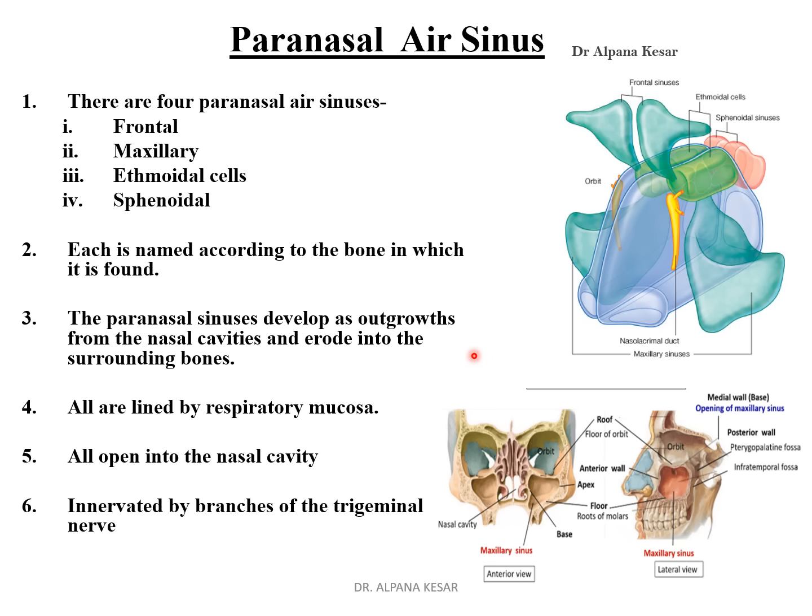However, as the small child grows into adolescence and then into an adult, the paranasal air sinuses will keep growing in size. They are all lined by respiratory mucosa. All the paranasal air sinuses open into the nasal cavity. The paranasal air sinuses are innervated by branches of trigeminal nerve.